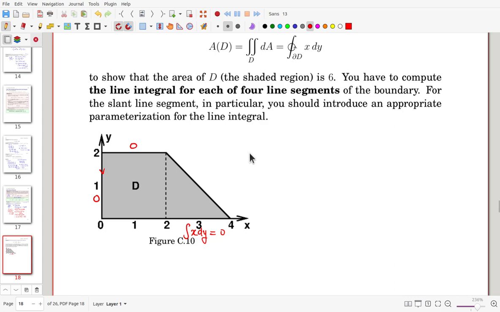Let's check it. The beginning point is x is 4, y is 0, and the end point is 2 and 2.